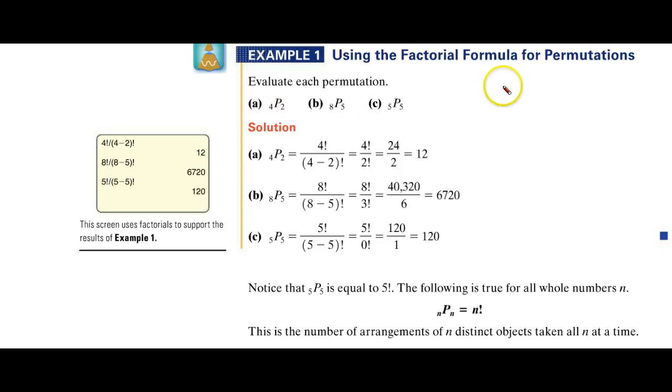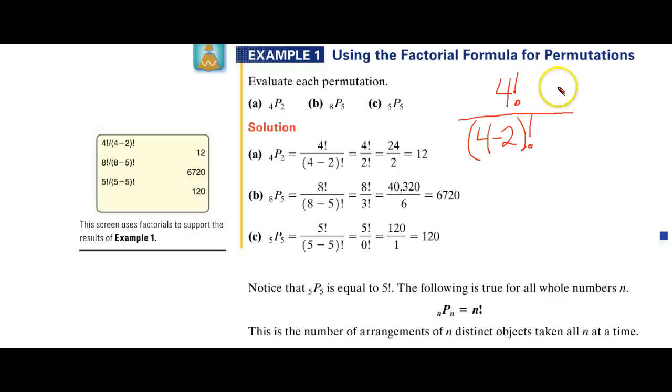So according to our formula, that'll be 4 factorial. Now we are going to divide that by the total number of items, 4. But now we're going to subtract our R value, which is 2. And that will be factorial.